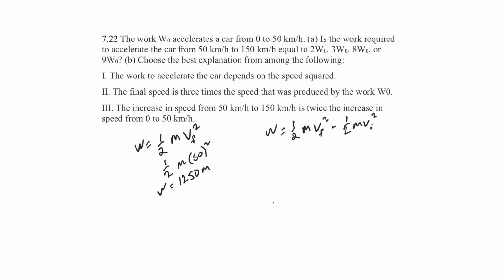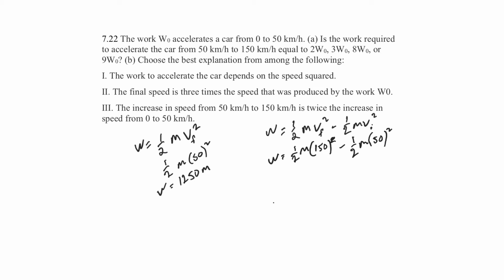The second one is going to be 1/2 m times 150 squared minus 1/2 m times 50 squared. This would be the work of the second one.